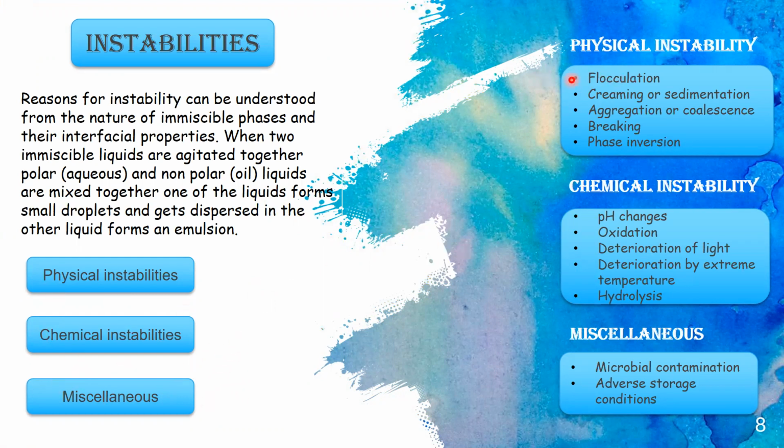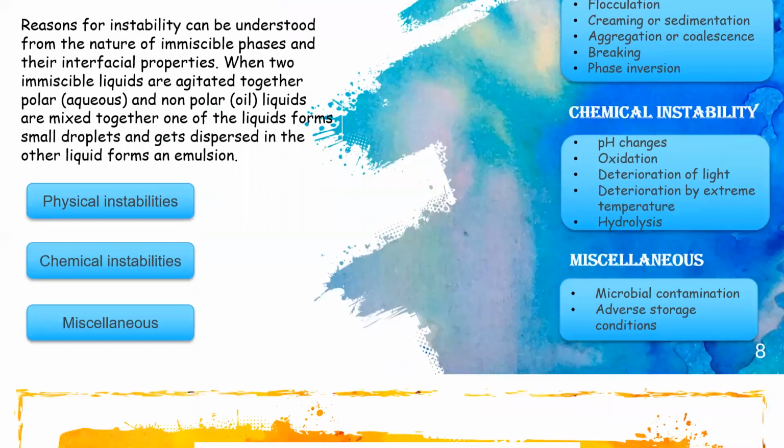In physical instability, we will study flocculation, creaming or sedimentation, aggregation or coalescence, breaking, and phase inversion. Whereas in chemical instability, we will study pH changes, oxidation, deterioration by light, deterioration by temperature, or hydrolysis. And in miscellaneous instability, we will study microbial contamination or adverse storage conditions.